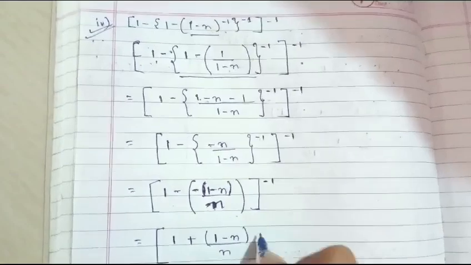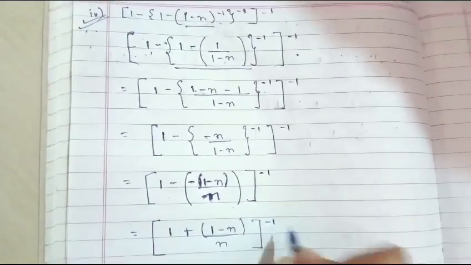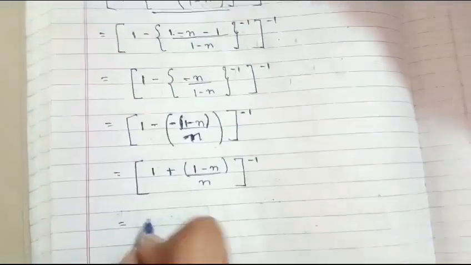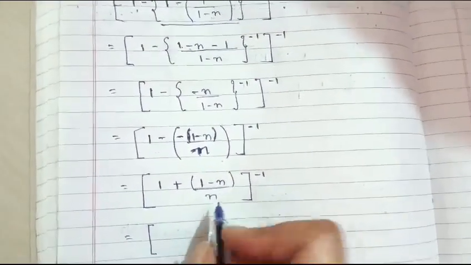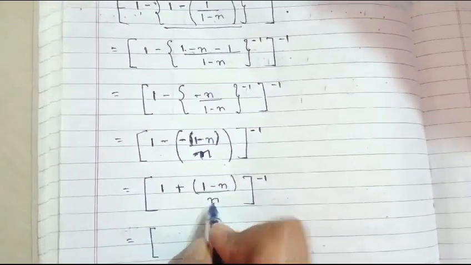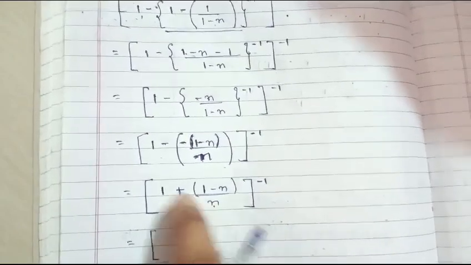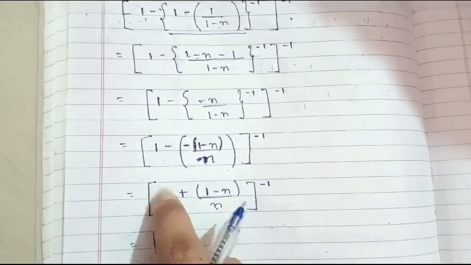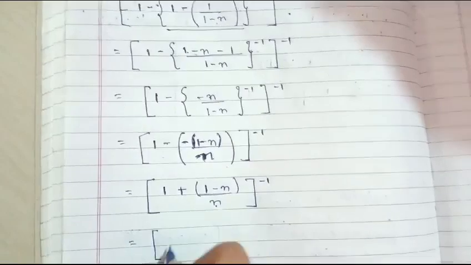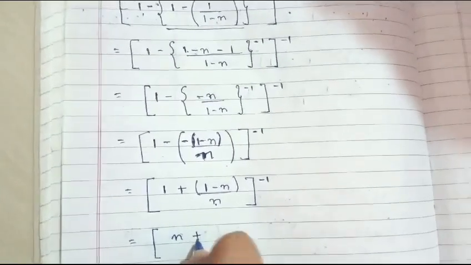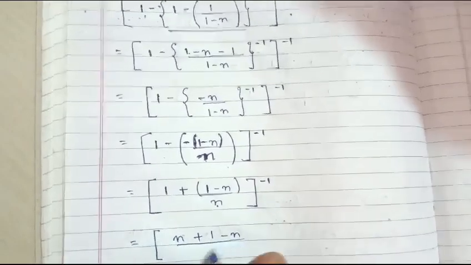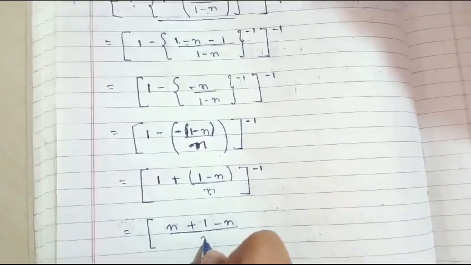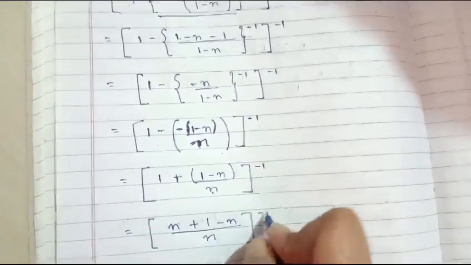upon n whole raised to the power minus 1 is equal to, we want to solve this part, again we'll be taking LCM. LCM will be n, so n will be multiplied with 1 over here, so we'll get n plus 1 minus n, and the whole thing is upon n whole raised to the power minus 1.